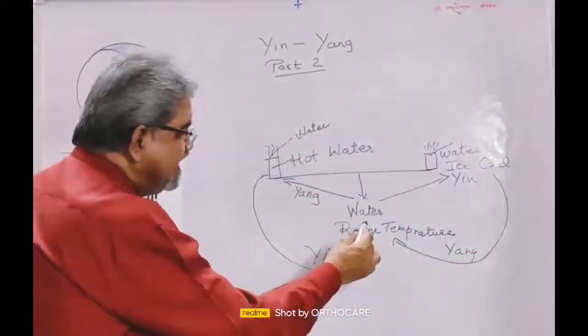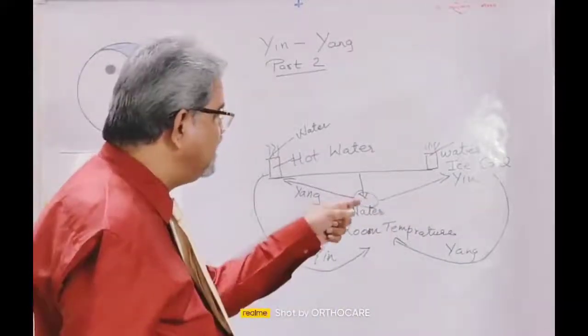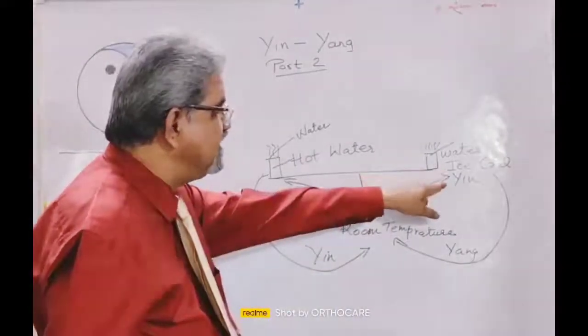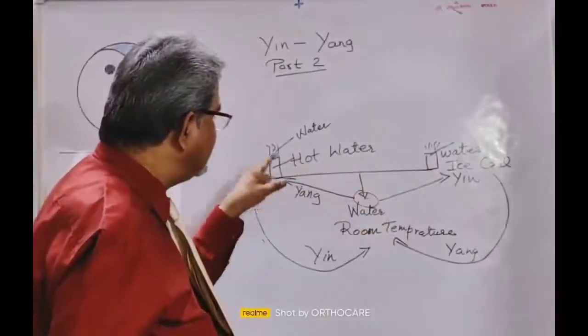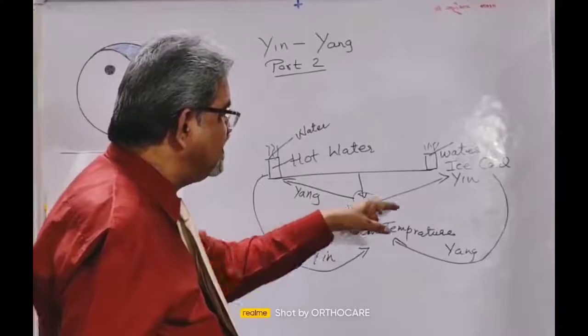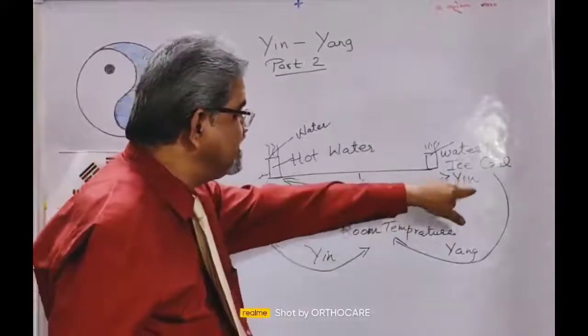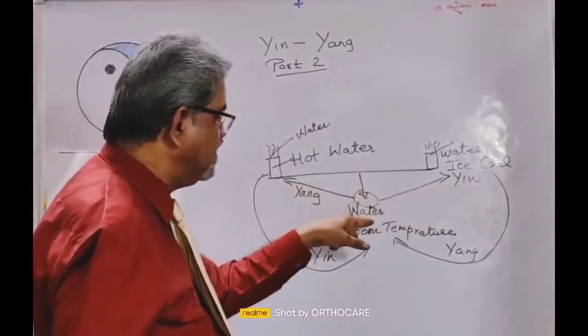So this is the same water, same room temperature, but for this water it is yin, and for the ice cold water it is yang, because this is cold and this is hot.